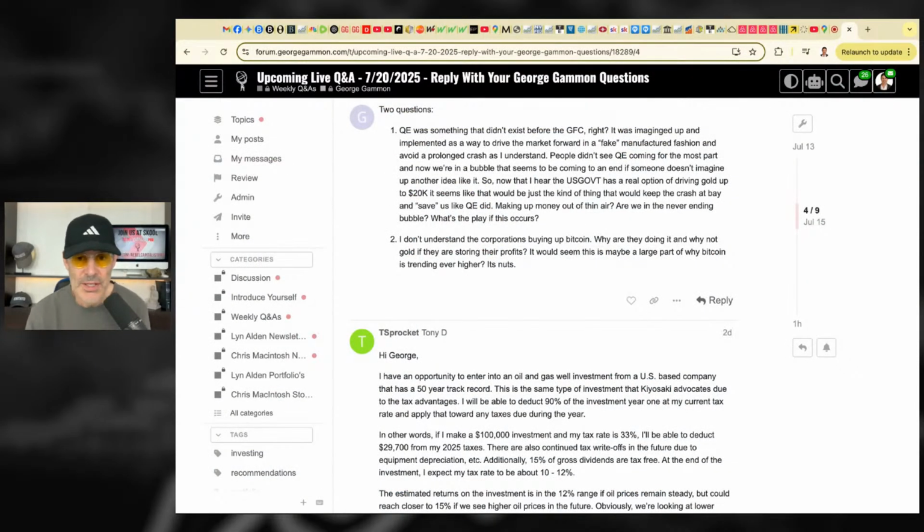QE was something that didn't exist before the GFC. Kind of. I mean, the Fed had open market operations. So, as an example, back in the late 90s, the Fed would look at the rate of lending within the banking system, and it would try to determine, based on the existing amount of bank reserves, how many additional reserves would be required to satisfy the needs of the banking system.